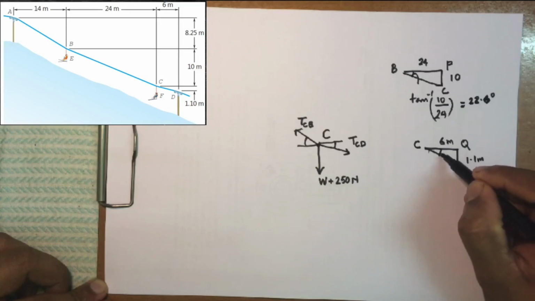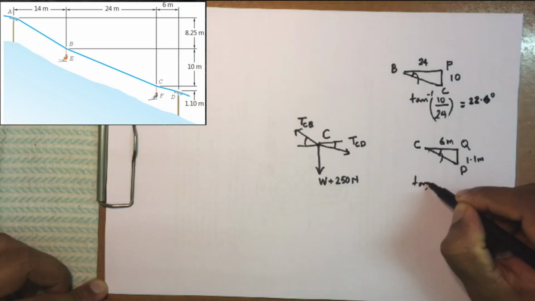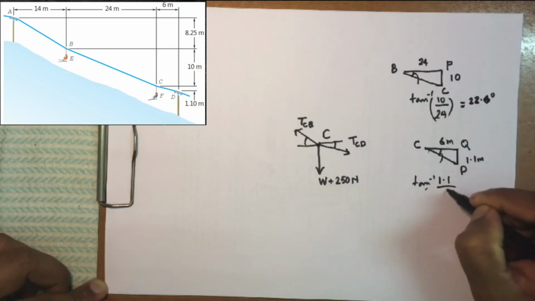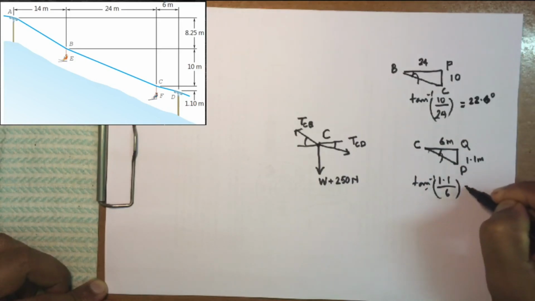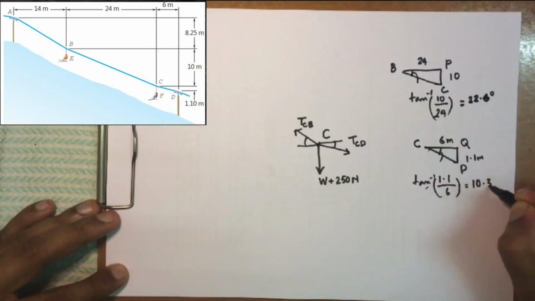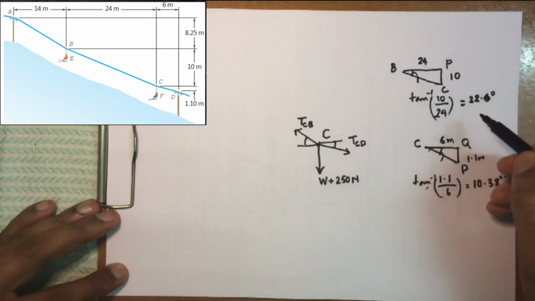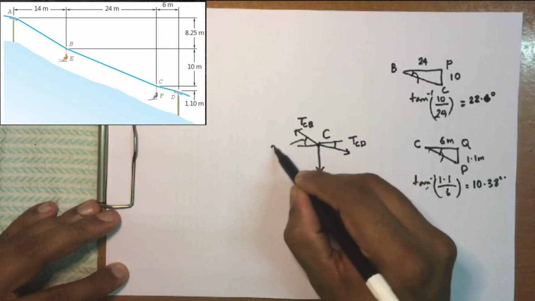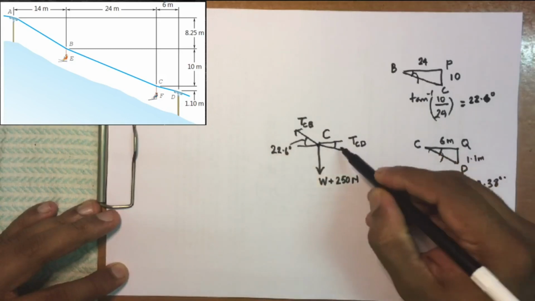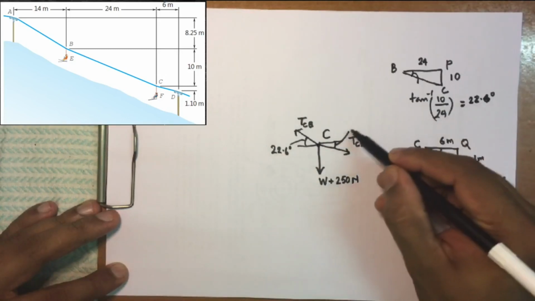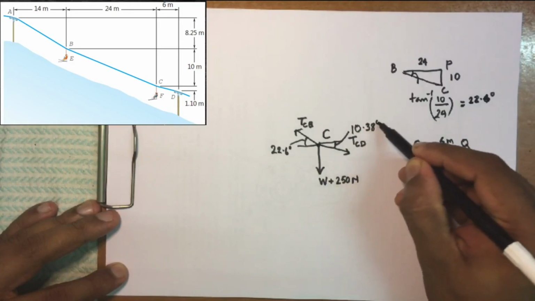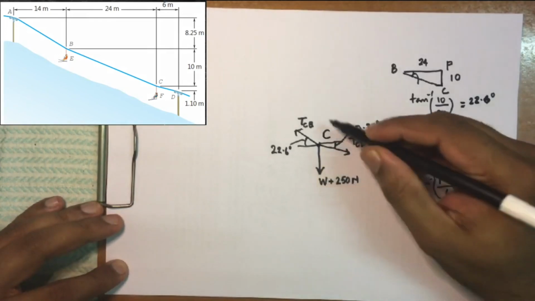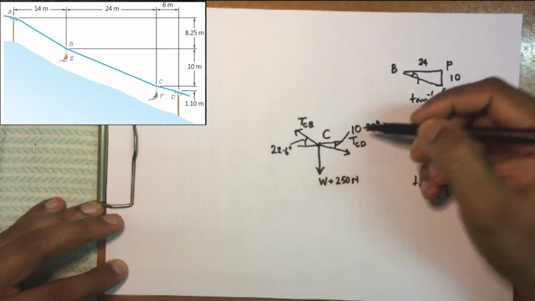So I have to find out this angle here. To find out that angle, I just have to find tan inverse of opposite side by adjacent side, 1.1 divided by 6, which is equal to 10.38 degrees. So I have all my values required. This is 22.6 degrees, and this angle is known to be 10.38 degrees. So with these, all the data required for drawing the free body diagram is obtained.